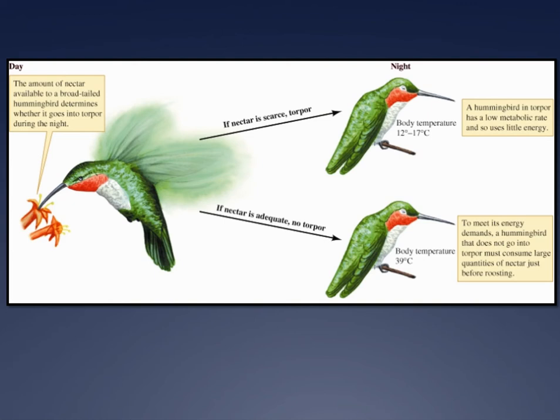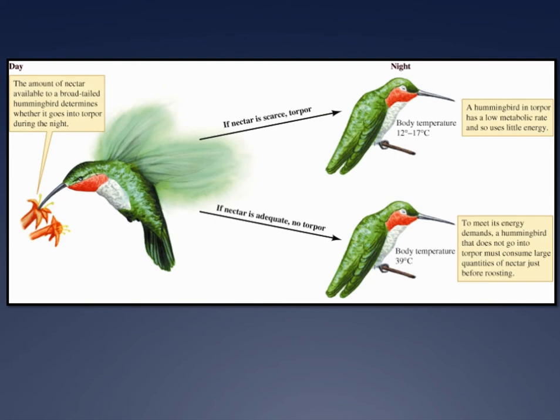But now take a look at the right side. At the bottom, it says if nectar is adequate, then during the evening, the hummingbird, while it's resting, may maintain its high body temperature. Here, we see it in Celsius, 39, so that's even higher than our core body temperature, which is about 37.